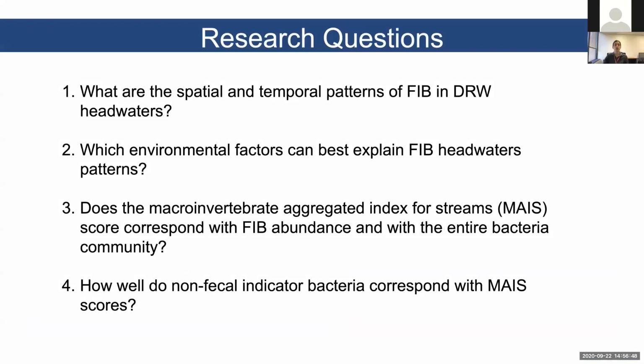So I want to look at some work we've done to understand what are the spatial and temporal patterns of fecal indicator bacteria in the Delaware River headwaters, which environmental factors can best explain the presence of these bacteria in headwaters, and how the macroinvertebrate aggregated index for streams, that score of different site quality, can correspond with the abundance of fecal indicator bacteria, as well as the entire community, and how well non-fecal indicator bacteria can correspond with those macroinvertebrate water quality scores.